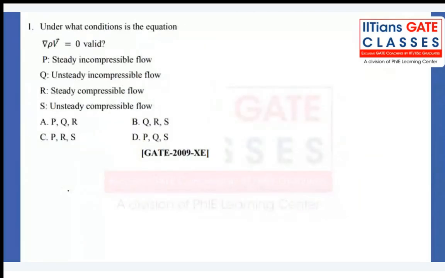Here, under what condition is this del dot rho v 0? So what is the full-fledged equation, equation number 1? When we write the full-fledged equation, del dot rho v plus dou rho by dou t is equal to 0.